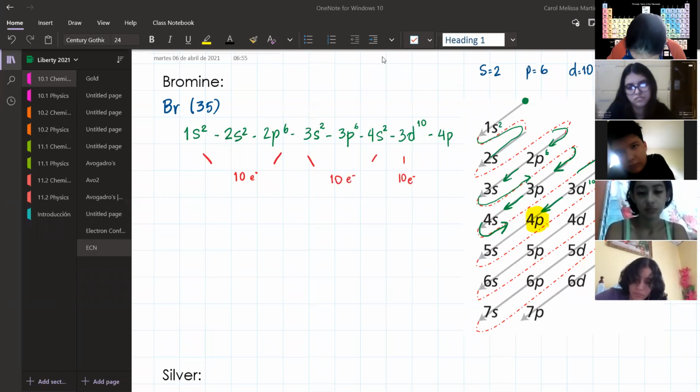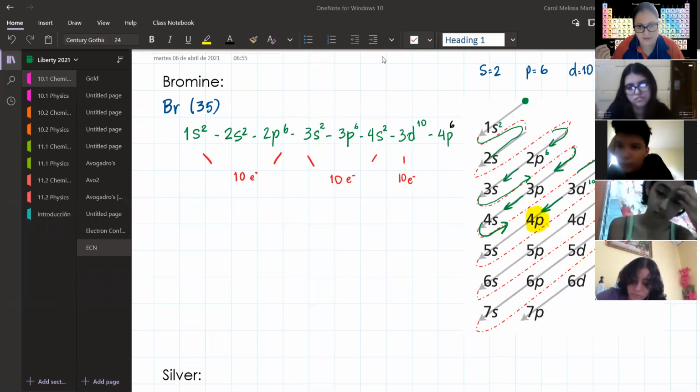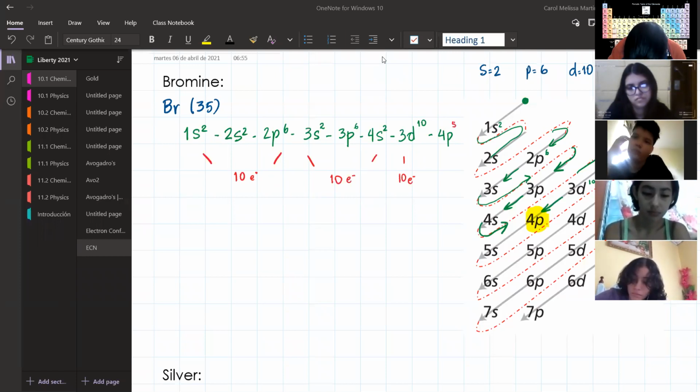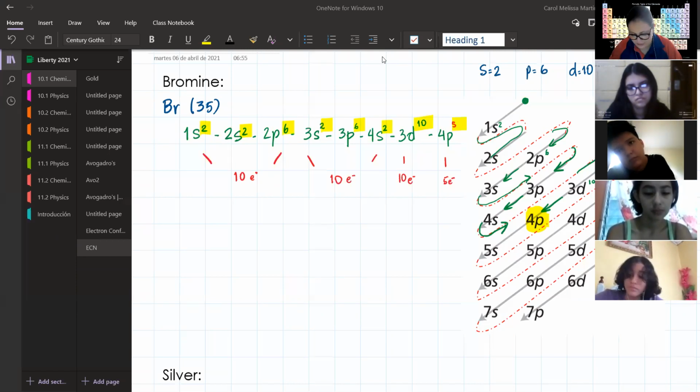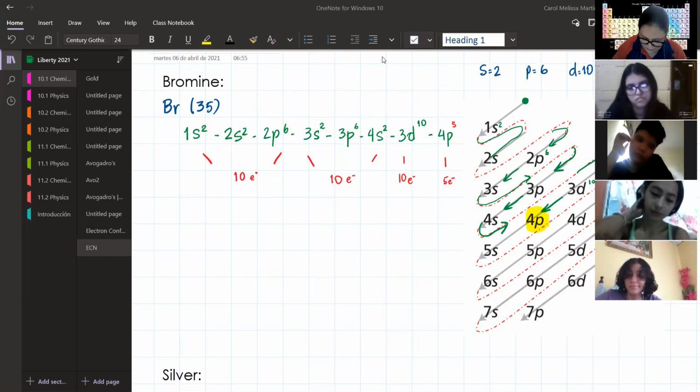Remember, instead of the 6 that it can hold, I need just 5. When I add all the electrons, 2 plus 2 plus 6 and so on, I will realize that I have the 35 electrons needed. So that's all the electron configuration.